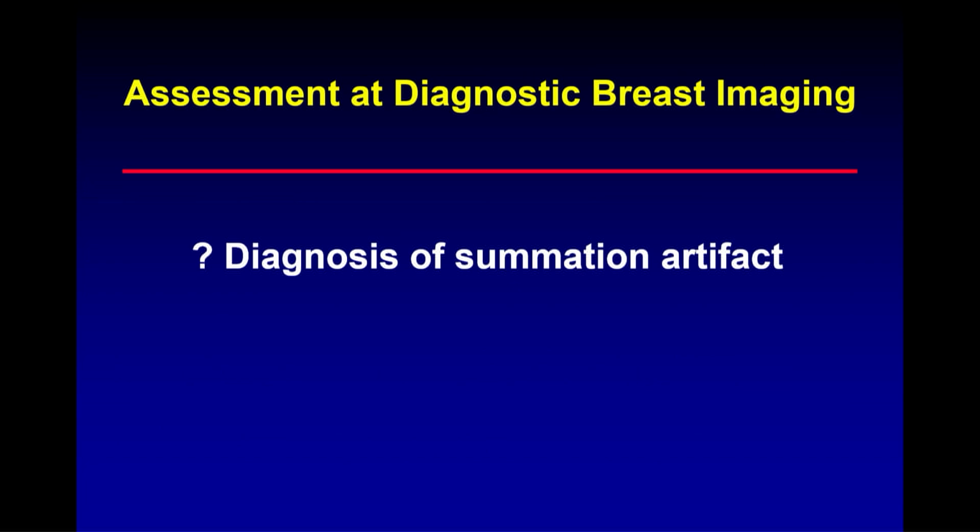Okay. Now, that brings us to what happens when you recall a patient for a focal asymmetry. Or any kind of asymmetry, really, but especially for a focal asymmetry. It still could be a summation artifact. It may be a one-view asymmetry where you can't use the two-step method. That's most common. Or it could be a case where you think it's a focal asymmetry and you did tomo, but it still could be a summation artifact.